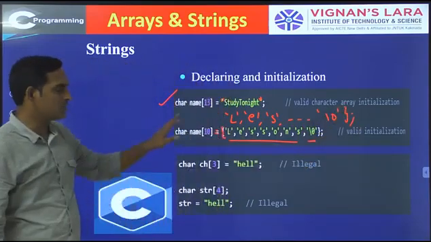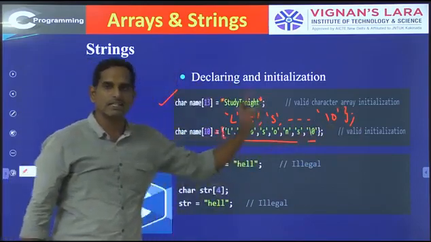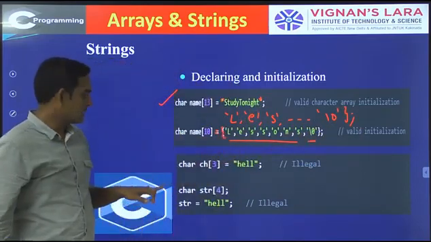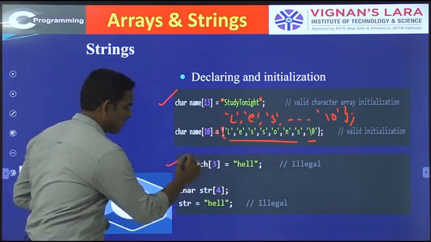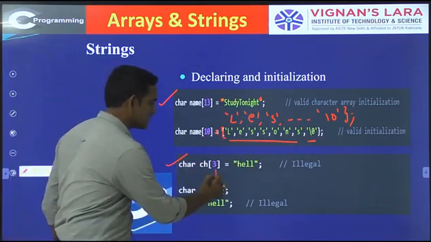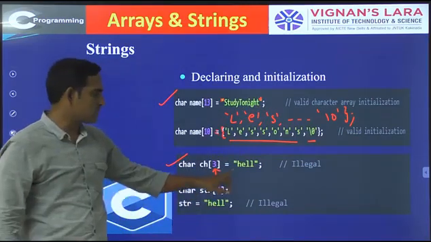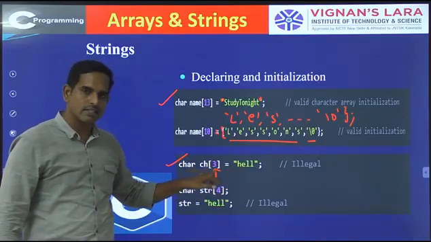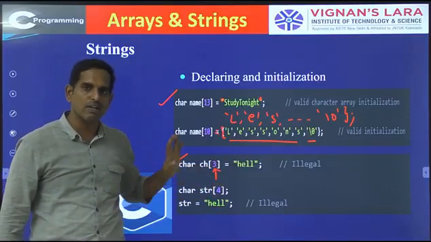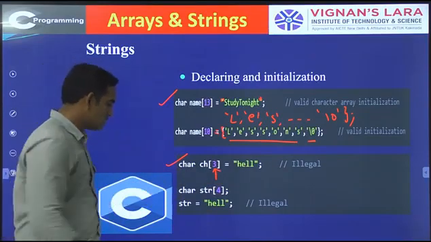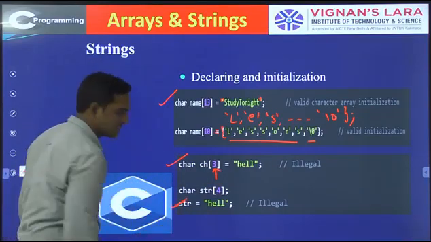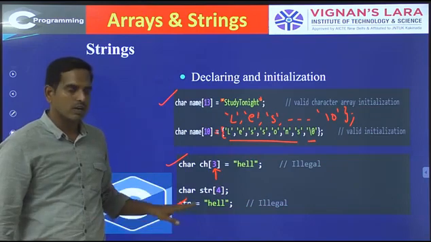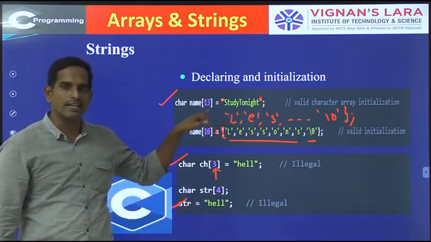The compiler automatically places the null character at the end of every string. You have to keep the size of your strings large enough; if the size is too small, the compiler will give you an error. You should not initialize the string after declaration; you can initialize it only while declaring.